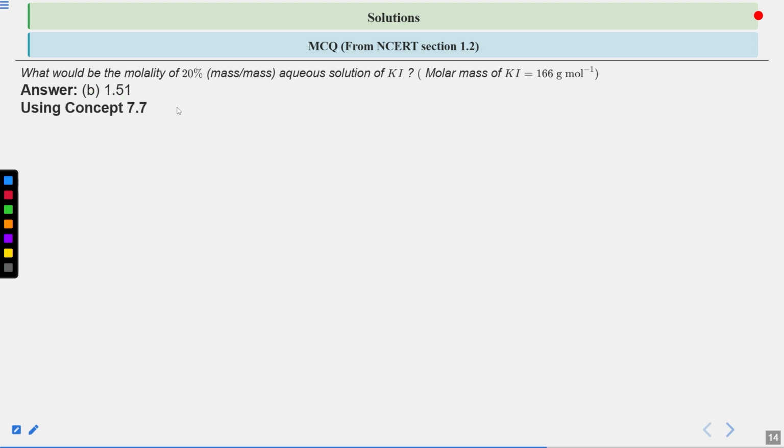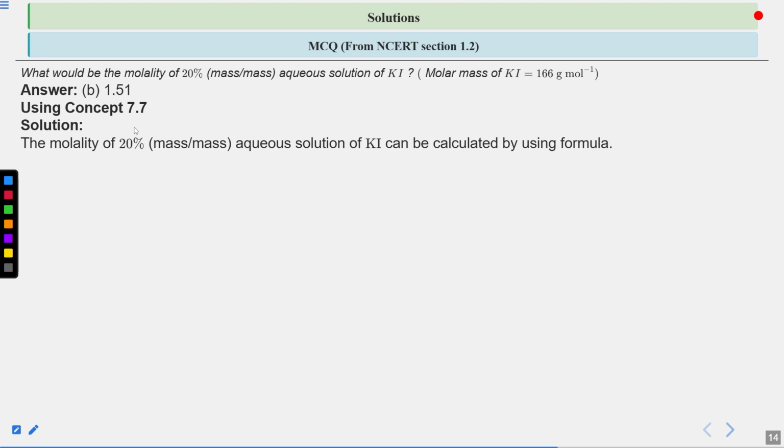Now, using concept 7.7, the molality of a 20% mass by mass aqueous solution of potassium iodide can be calculated using the formula. We are talking here about the mass by mass ratio, that means 20% mass by mass means 20 grams of solute in some mass of the solution.